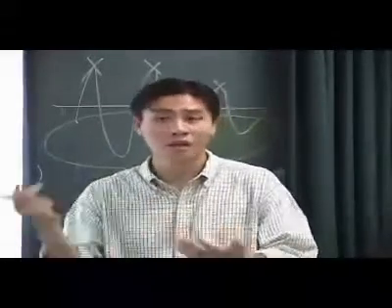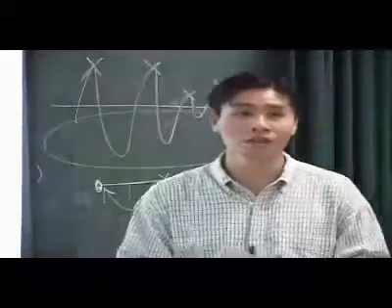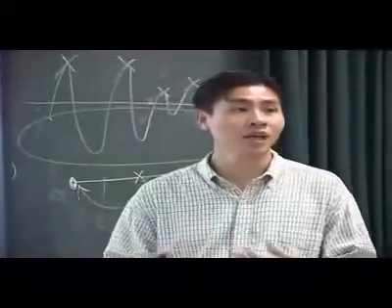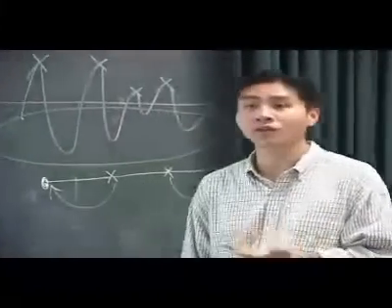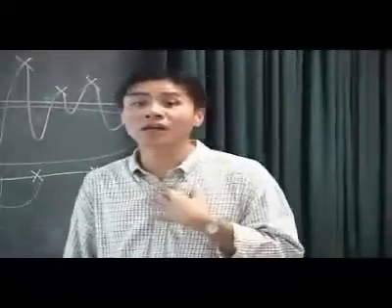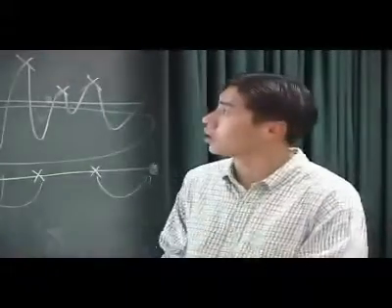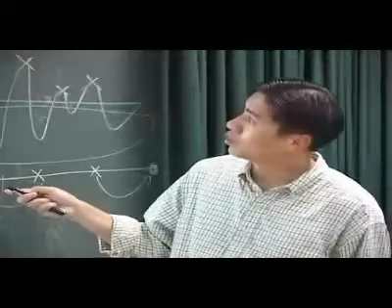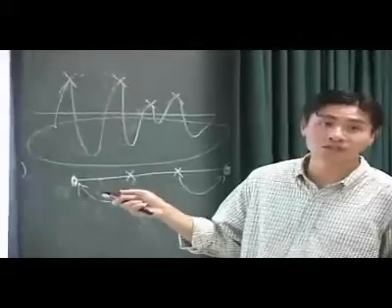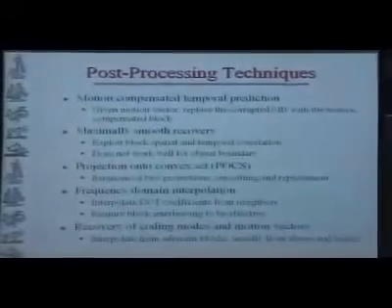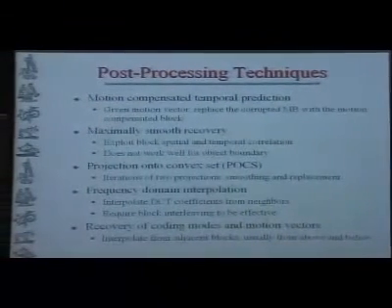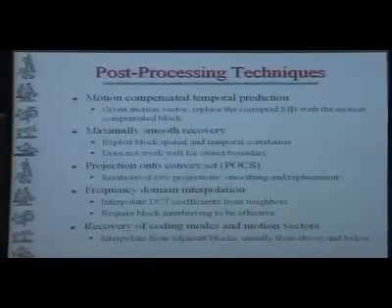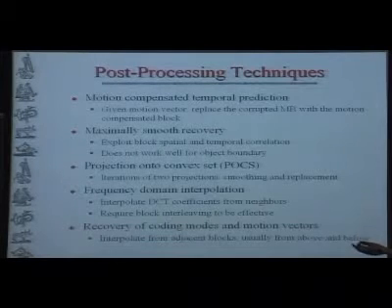You decode and then you determine where the error is, and then you try to eliminate the error, so interpolate the error as well. There are motion compensated temporal predictions that we just talked about, right? That's a part of it. That's temporal concealment. There's maximally smooth recovery, which is a part of spatial concealment, right?